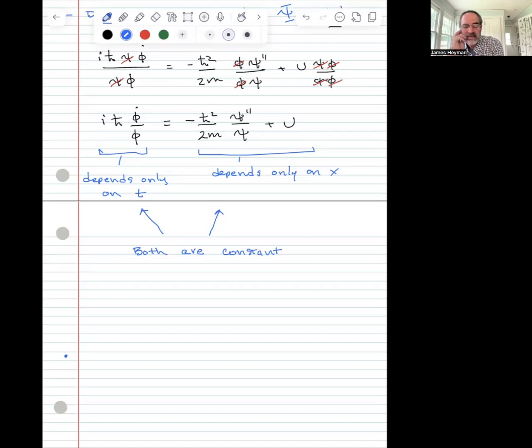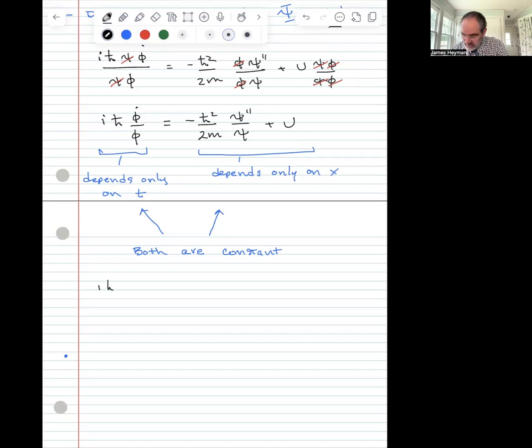Likewise, if we pick a particular position, we see that the left-hand side has to be equal to the specific value of the right-hand side for that position for any value of t. So the right-hand side actually cannot even depend on t. So both the right-hand side and the left-hand side must be constant. Because of that, we can break them into two equations, each of which is equal to a constant.